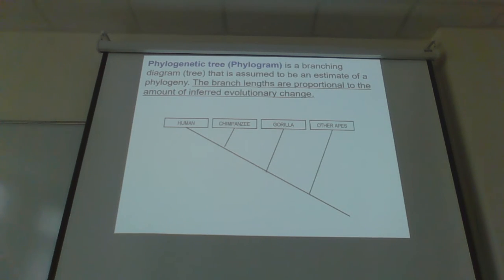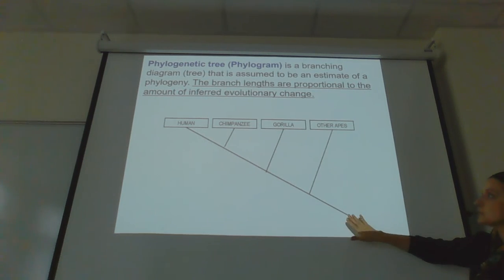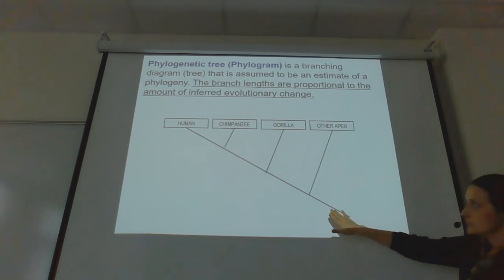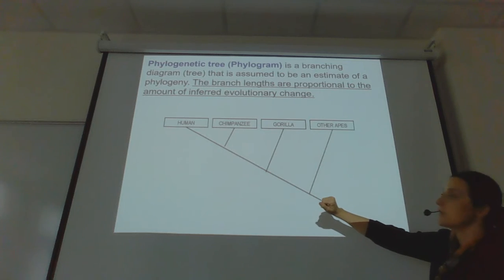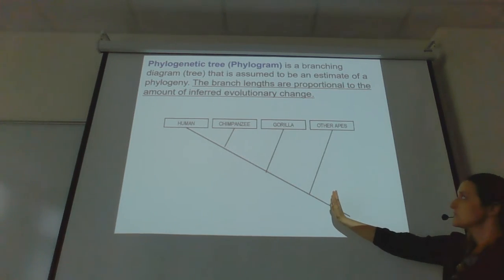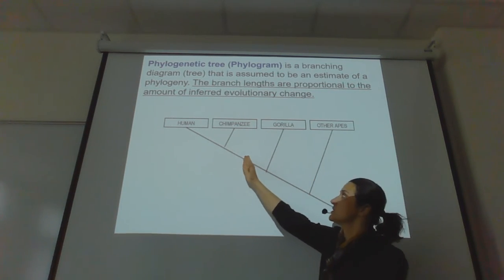Now, this particular phylogenetic tree gives you a time scale starting from the root and going towards the evolution of human. Who came first? Other apes, then gorillas, then chimps and human.